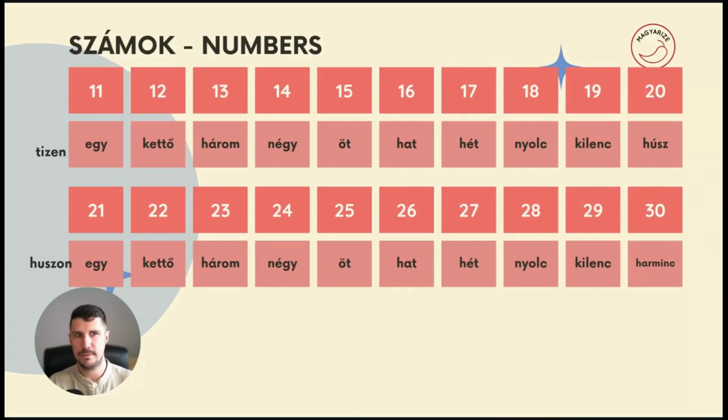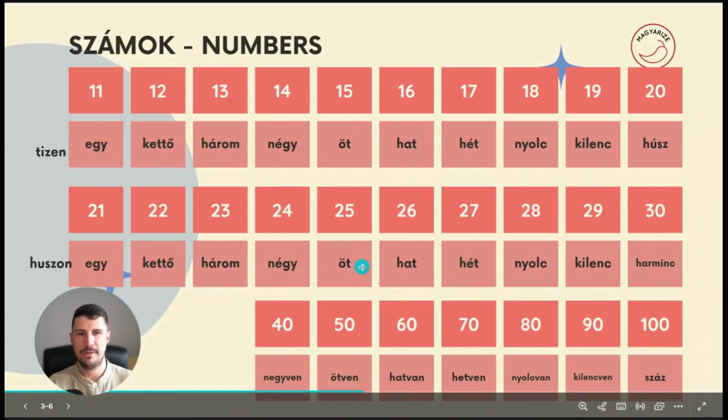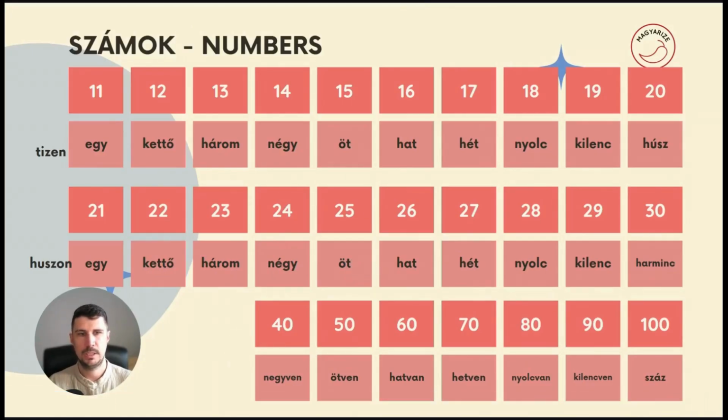So 30 upwards, it's even easier because you just put the number 30 in front of the singular number you want. So for example, 45 will be negyvenöt. 56 will be ötvenhat. 67, hatvanhét. 68. 78, hetvennyolc. 89, nyolcvankilenc.